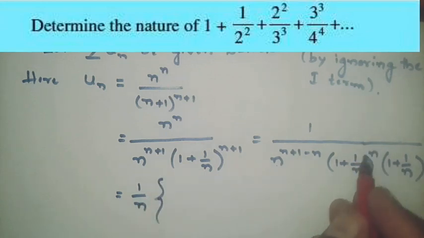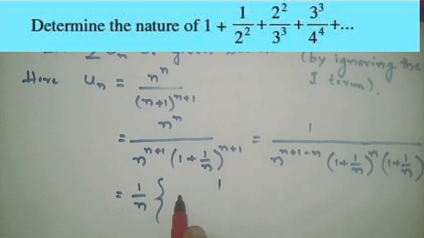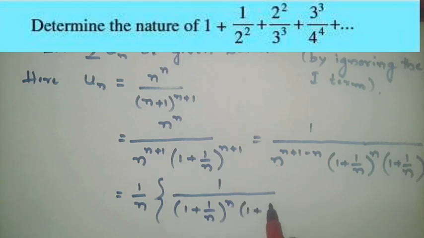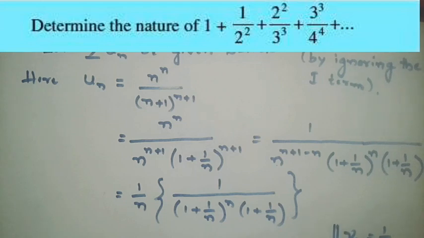The remaining things will be 1 divided by (1 plus 1 by n) to the power n, and 1 plus 1 by n. Now let us take Vn equal to 1 by n.